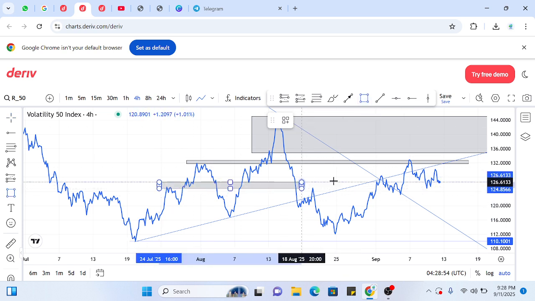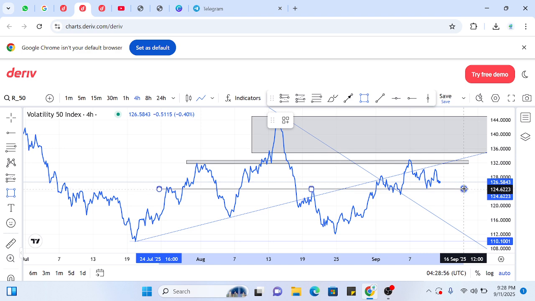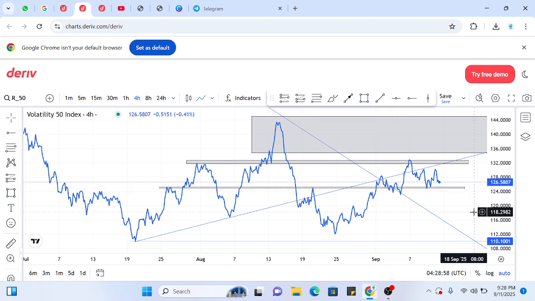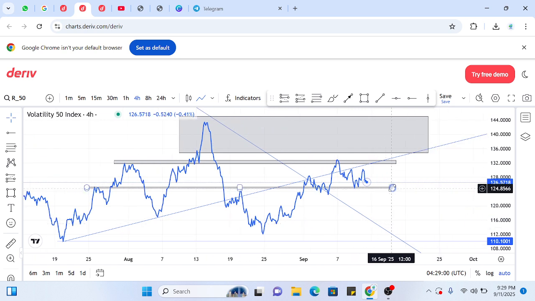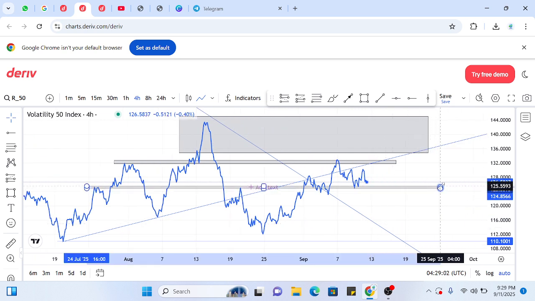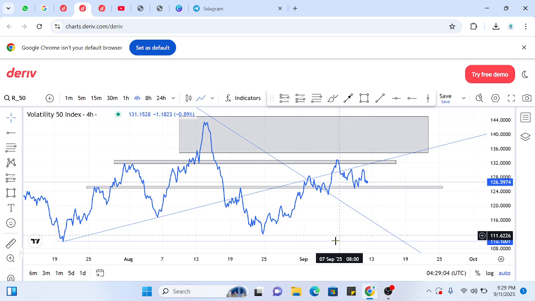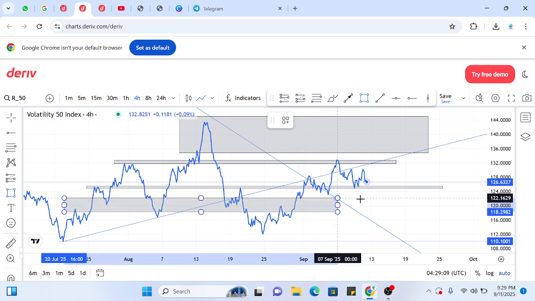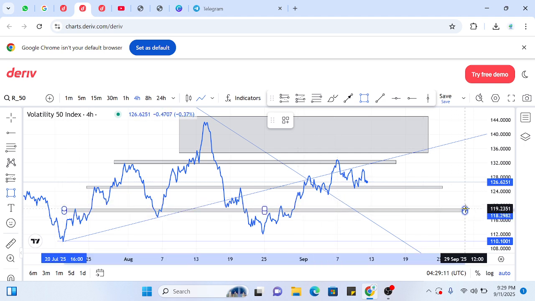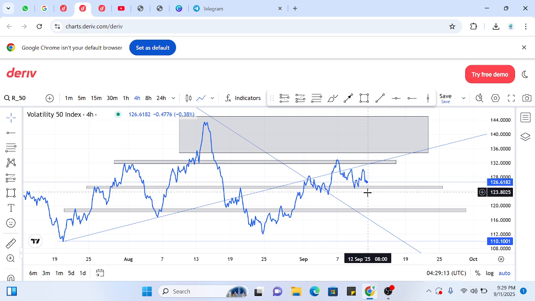Now all these levels are still levels I anticipate price to react from. So I anticipate that price reacts from these levels and let's see how that happens. If it does break into this zone, we could be anticipating to get into this zone, and if it does break this zone, we anticipate to get to this point.